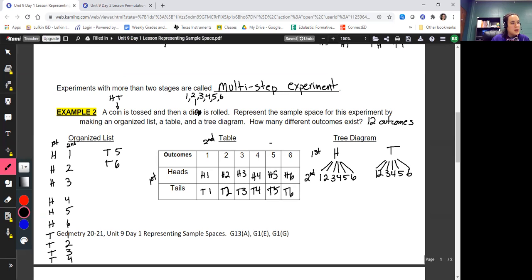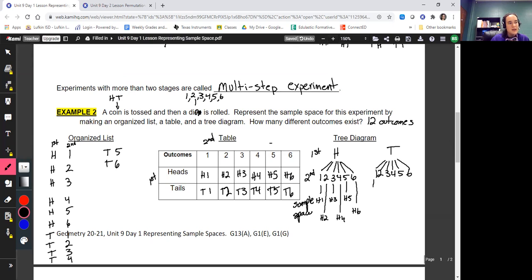And then we have our sample space. So we had heads 1, heads 2, heads 3, heads 4, heads 5, and heads 6.